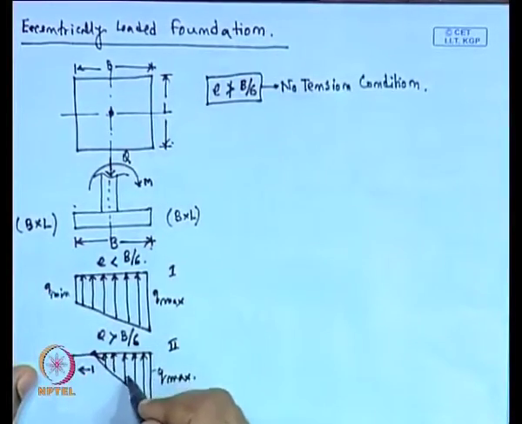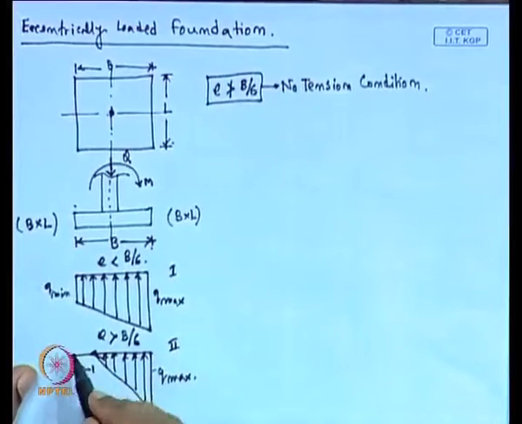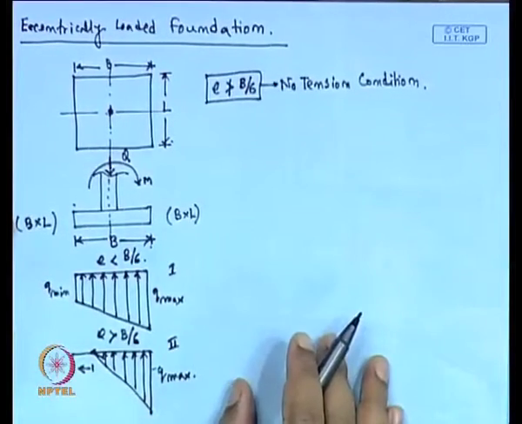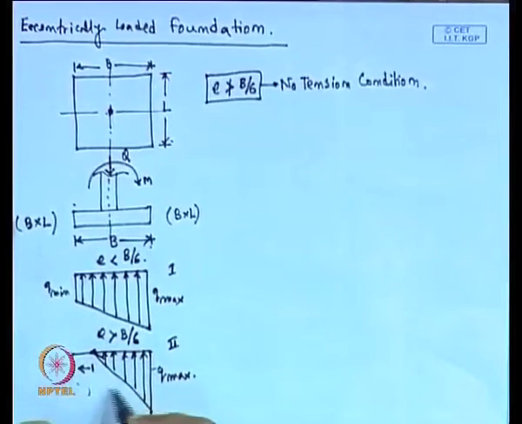If E is greater than B by 6, then tension will develop, which is not acceptable for this foundation design, and we will avoid this kind of foundation.